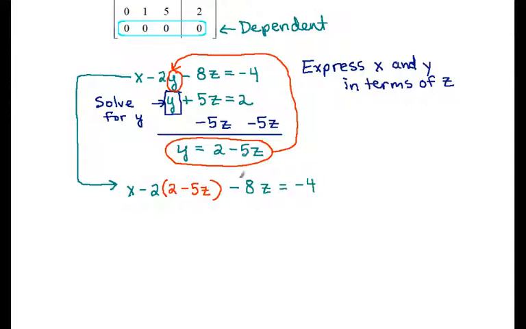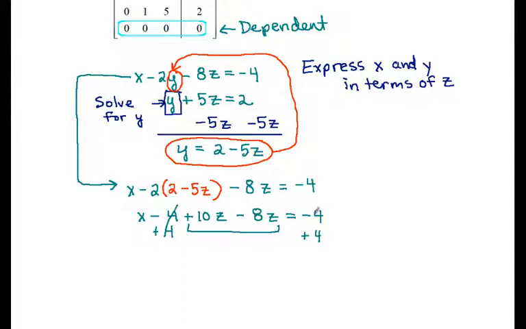And I need to simplify everything out and solve it for x. This is going to give me x in terms of z. So this becomes x minus 4 plus 10z, just distributing into those parentheses, minus 8z equals -4. Combining these two terms, let's go ahead and add 4 to both sides also.